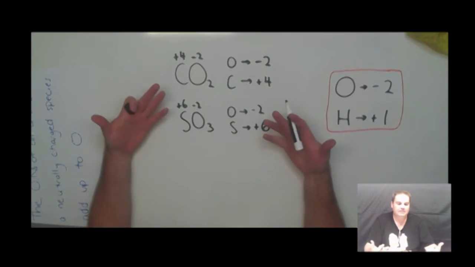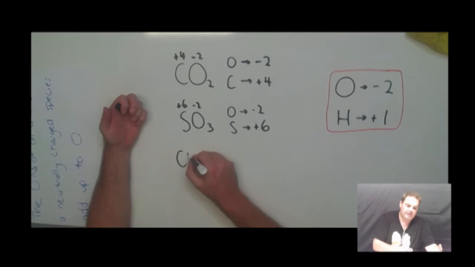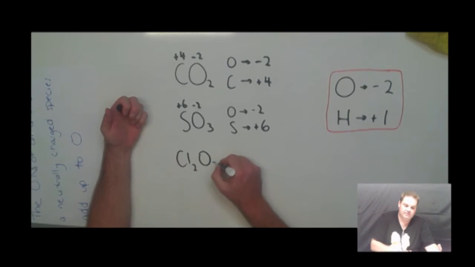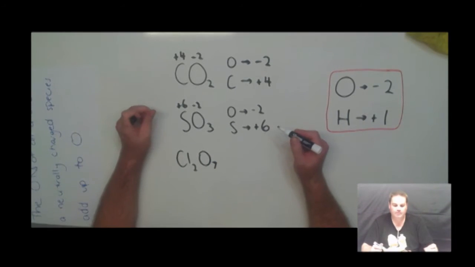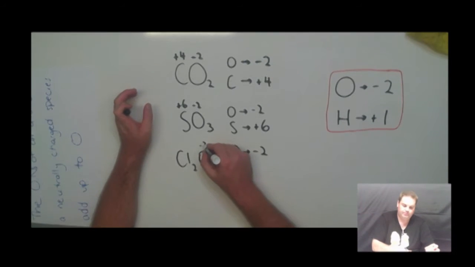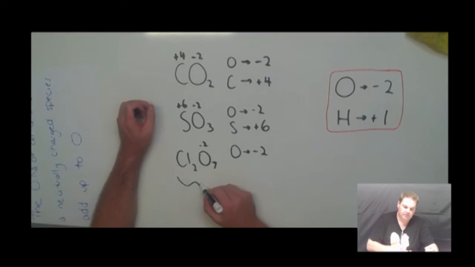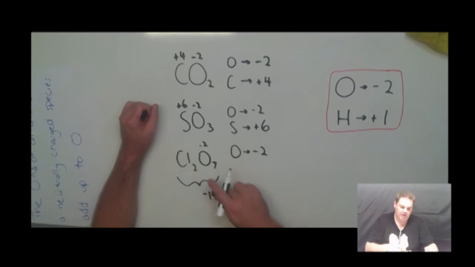Alright, let's look at another one now where perhaps you've got a couple of things together. So let's look at Cl2O7. Alright, here we know oxygen again, following our rule, is -2. So we've got 7 lots of -2. So overall here, we've got -14, and we obviously want to add something to it, so the opposite of that is +14.